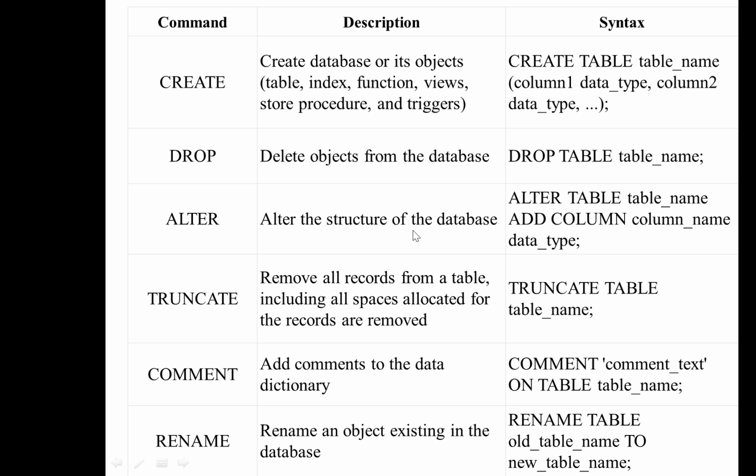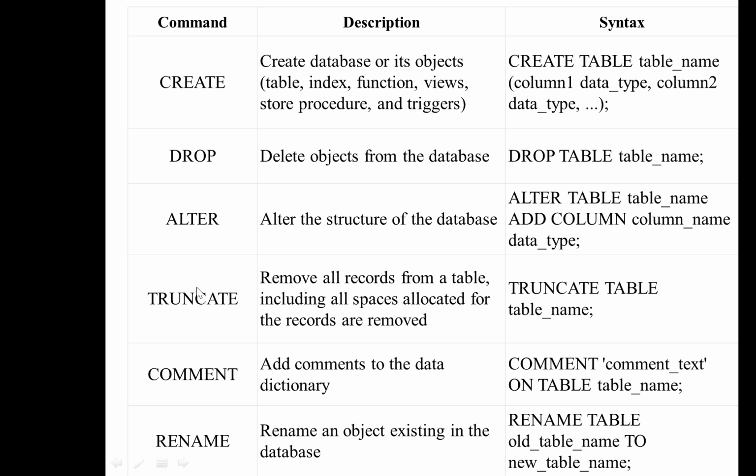The keyword for this is ALTER TABLE followed by the table name, and then ADD, as we are going to add one column in an existing table. That's the reason we use the keyword ADD. So ADD COLUMN and then column name followed by the data type. By using this syntax, we can add one column in an existing table.